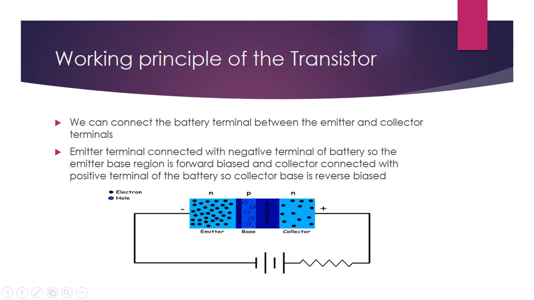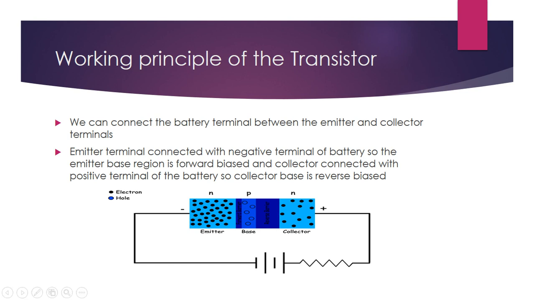Now the emitter terminal is connected with the negative terminal of the battery, so the emitter-base region is forward biased. This is the negative region, and this is the NP. In the basic operation of a diode, we discussed that when the N type is connected to the emitter and the P type material is connected to the P type, our diode is forward biased.